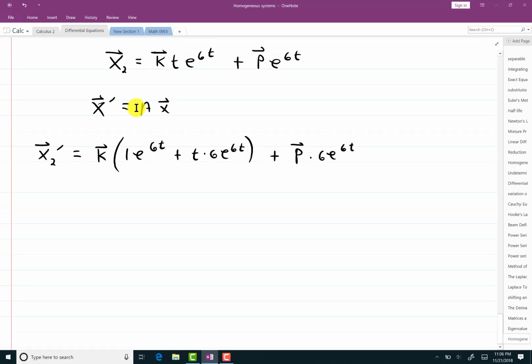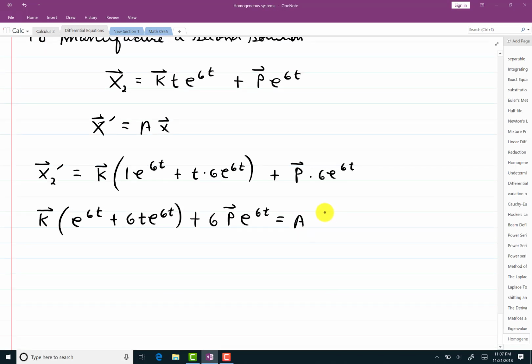And also over here, I'll just plug it right in. So in this equation, I'll put this stuff on the left: k e to the 6t plus 6kt e to the 6t plus 6p e to the 6t. And the right-hand side, I'll get my A, and I'll go ahead and throw in this stuff here.